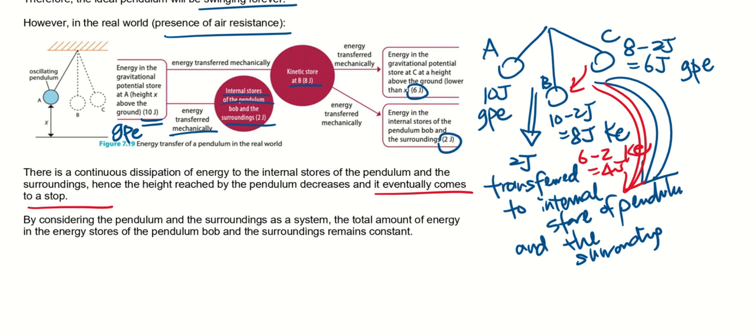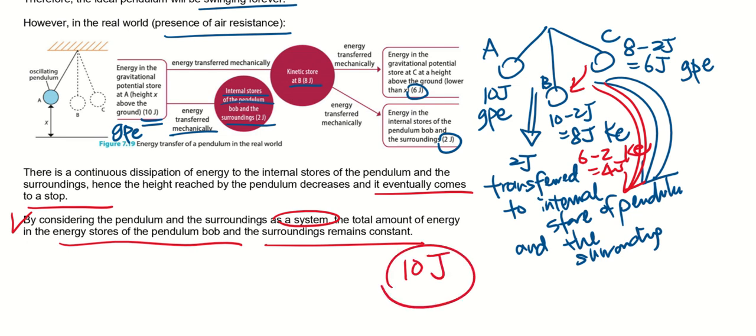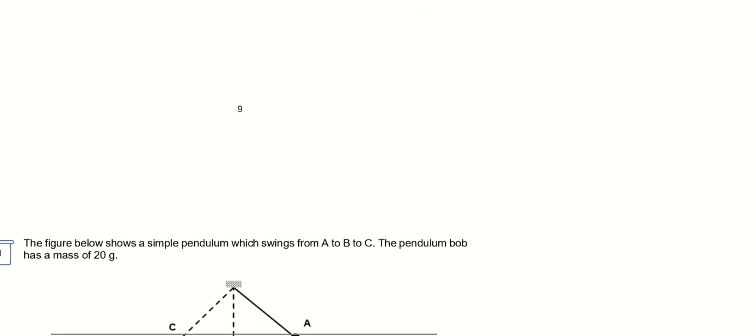But if we consider the pendulum and the surrounding as a whole system, the total amount of energy remains constant. That means eventually it will still be 10 joules. This is the principle of conservation of energy.